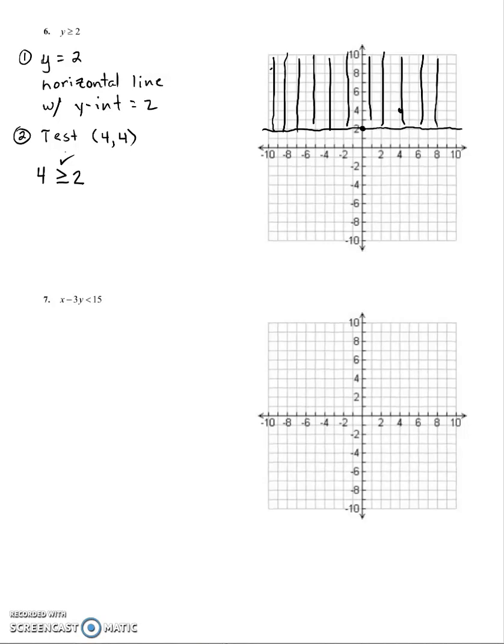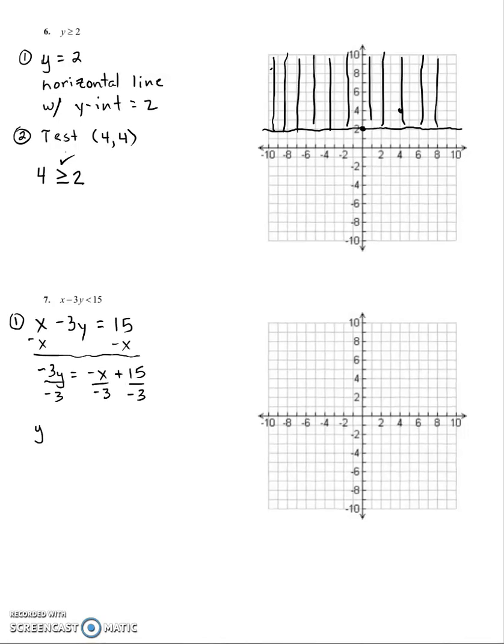Okay, on number 7, I'm going to change this equation, x minus 3y equals 15, into slope-intercept form by solving for y to make it easier to graph. So subtract x from both sides. We get negative 3y equals negative x plus 15. Then divide everything by negative 3.